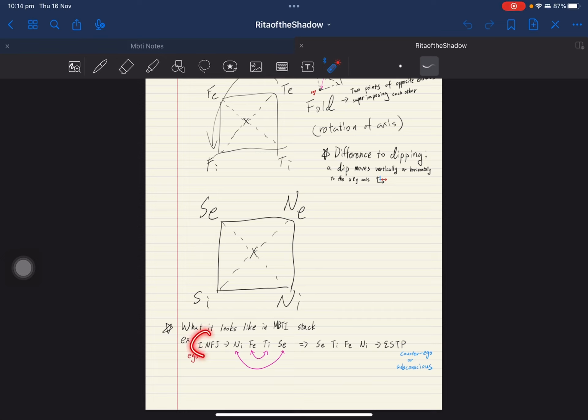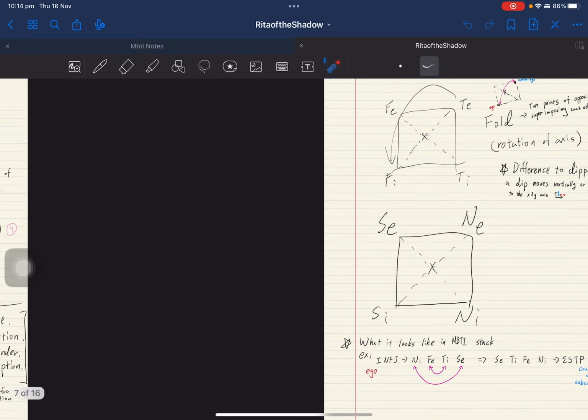Like this: if your ego is an FJ, and then because of some problem, people are treating you badly, they're bullying you or whatever, then suddenly you flip your thinking, and all of a sudden you become this person who they don't know. That is what happens when you flip on the axis essentially.